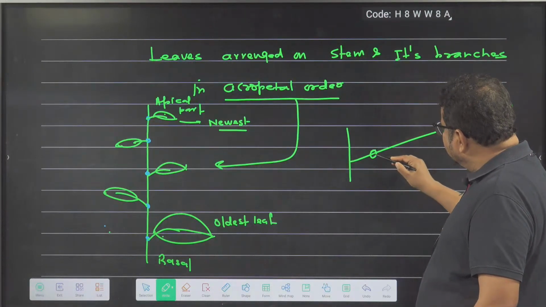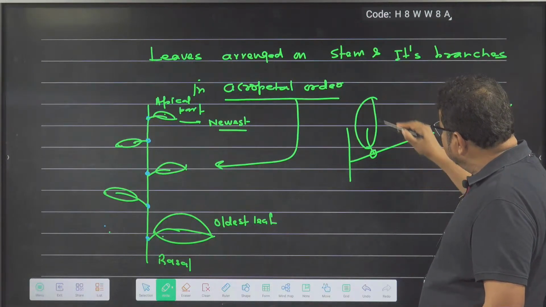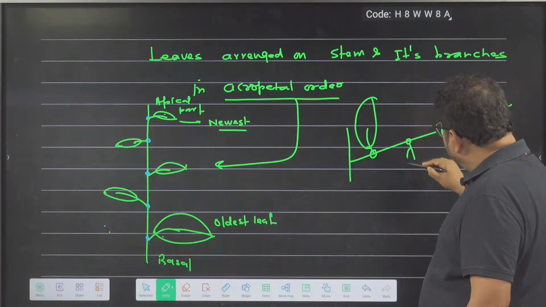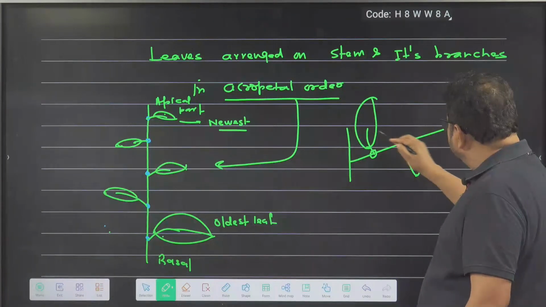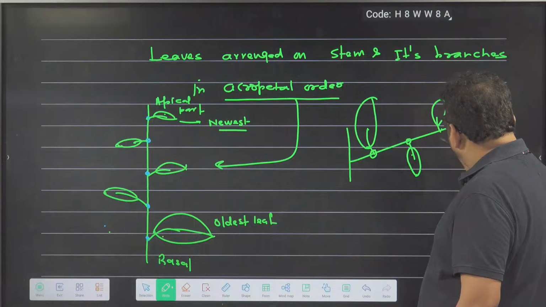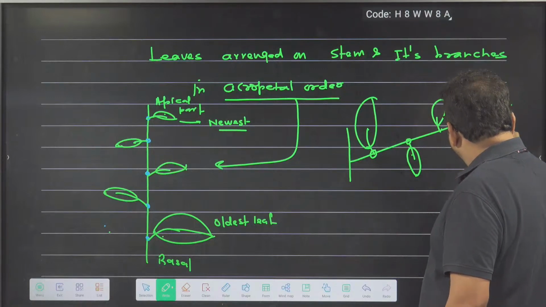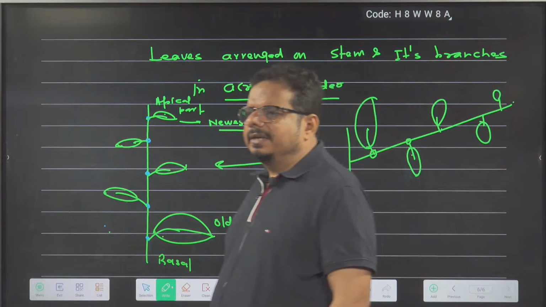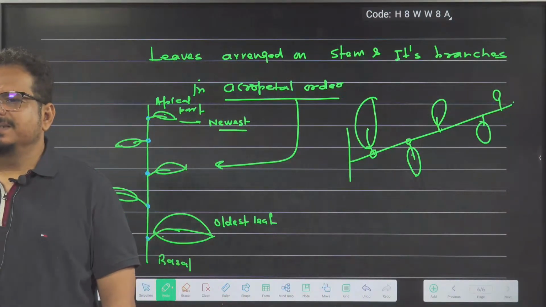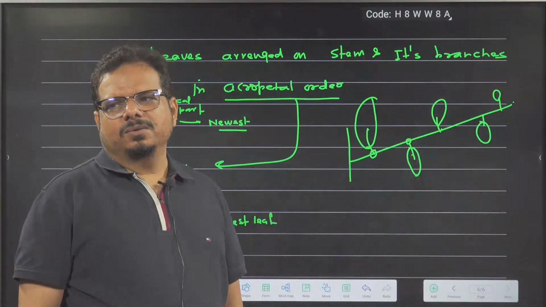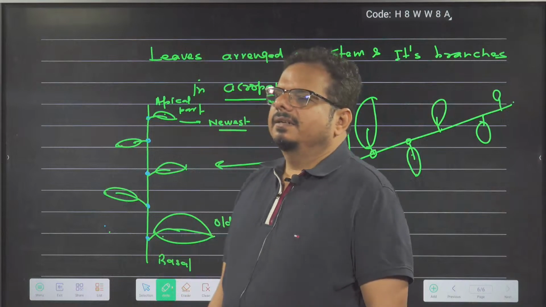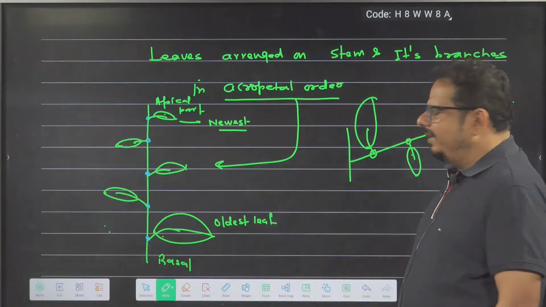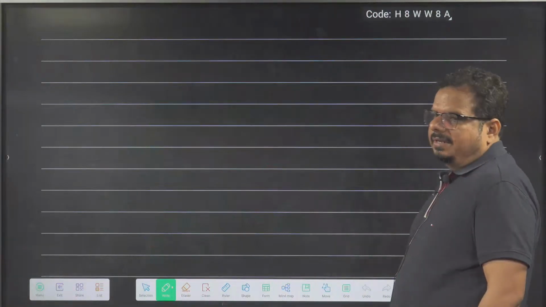This is the base of the branch, here old leaves are there. As it moves up, each is newer than the one before, and this is the newest. So all branches and stem leaves are arranged in acropetal order. Is it clear or not?